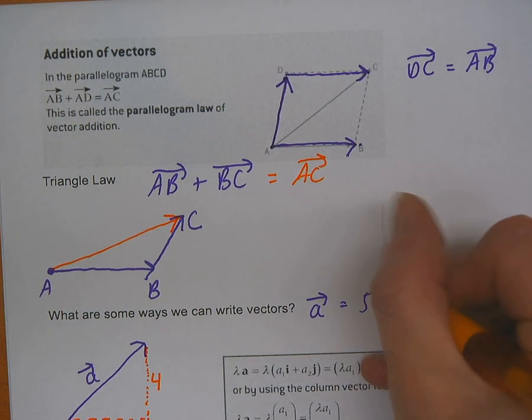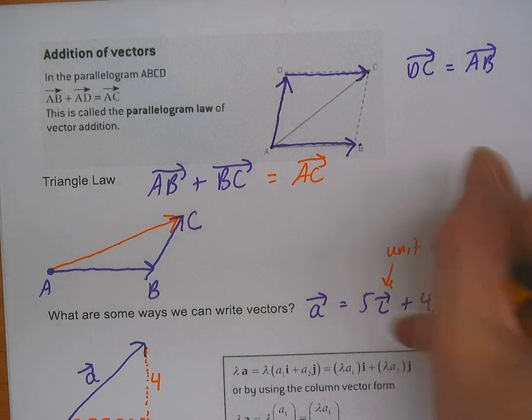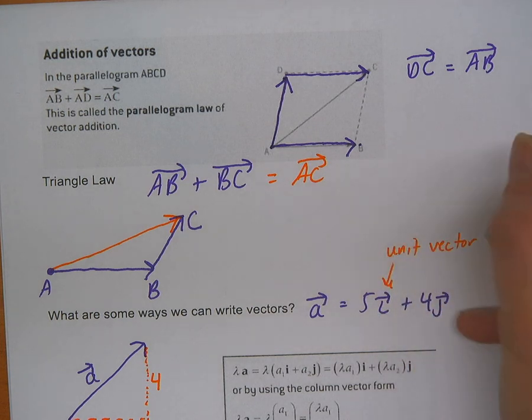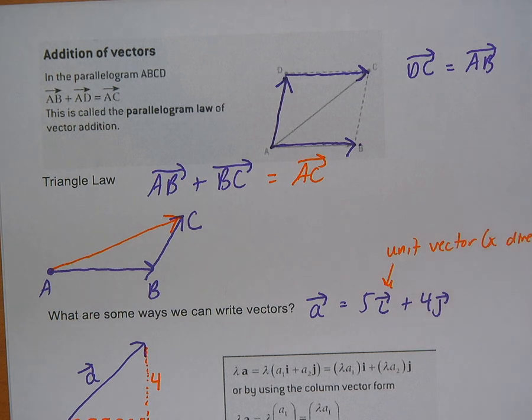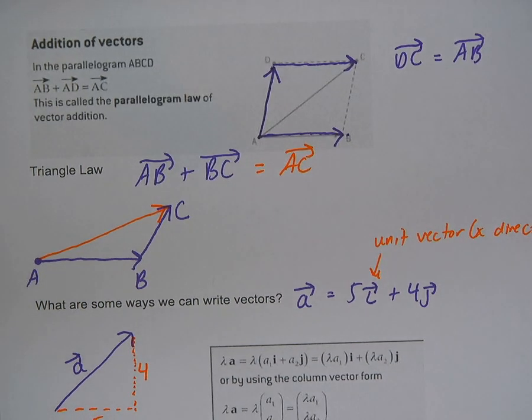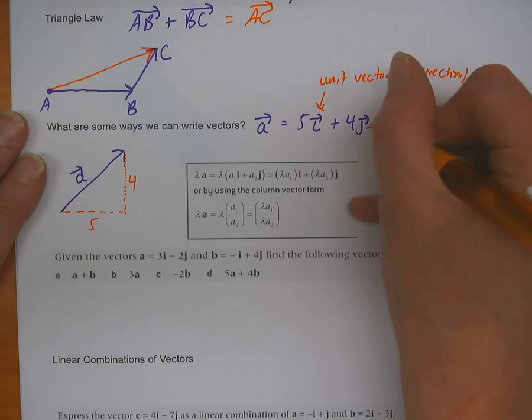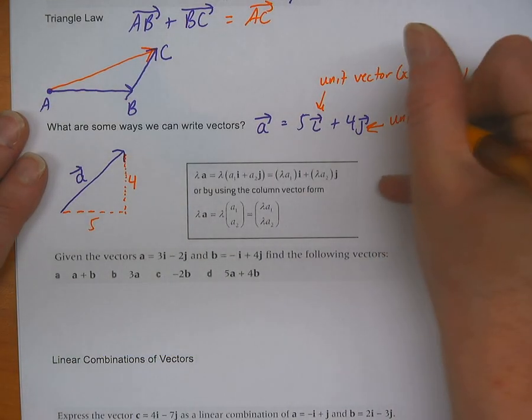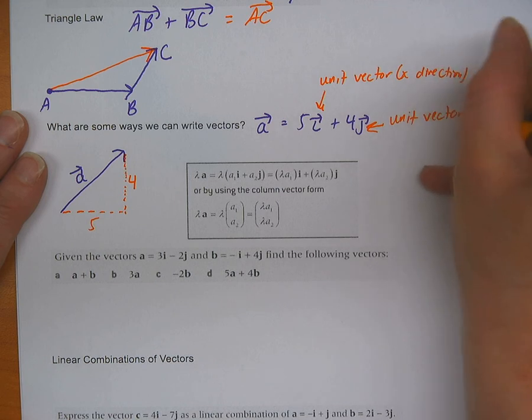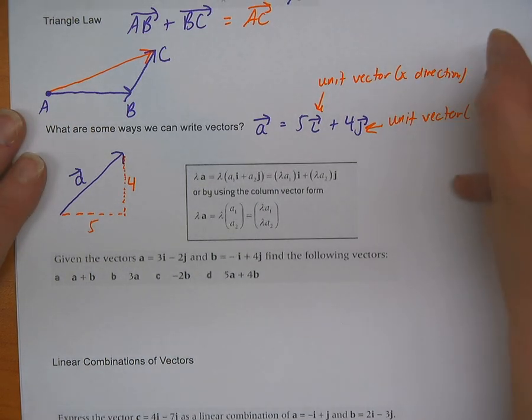i is what we call a unit vector in the x direction. j is a unit vector in the y direction. When we say unit something, we mean 1 unit.